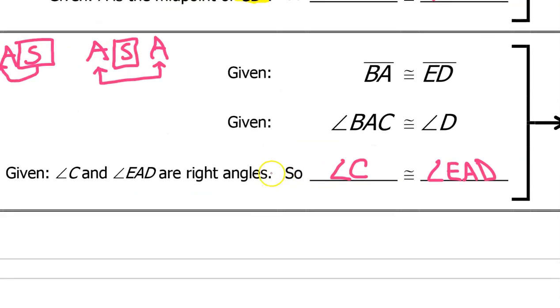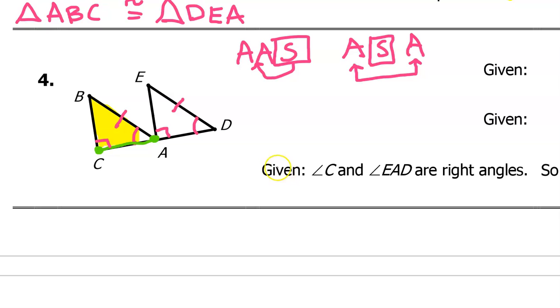Now it's time for the congruence statement. So we're doing triangle ABC is congruent to triangle what? Well, this is going to be the same as the last problem. These triangles are oriented the same way. So angle A comes first.